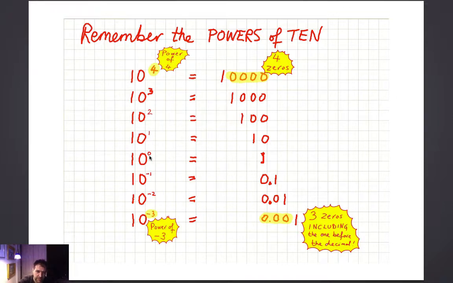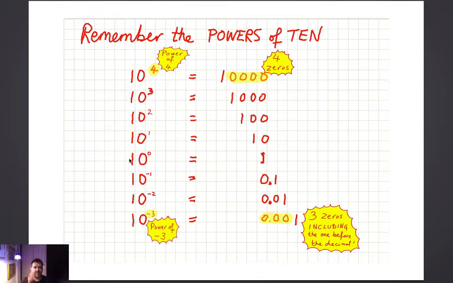So the next one in that pattern should be 10 to the power of 0 is 1, because 10 divided by 10 is 1. So that gives us one of our rules that we already discussed, that anything to the power of 0 is always 1.